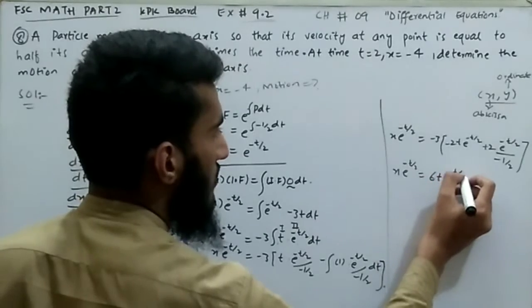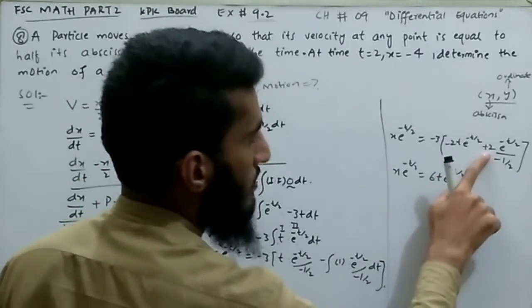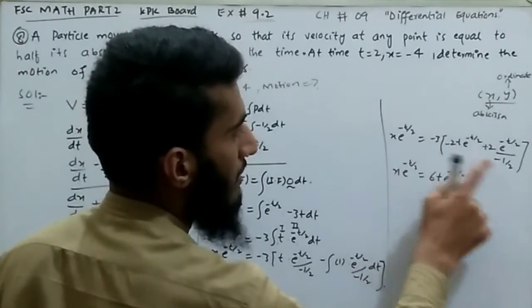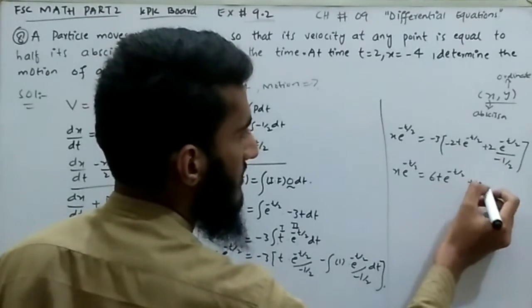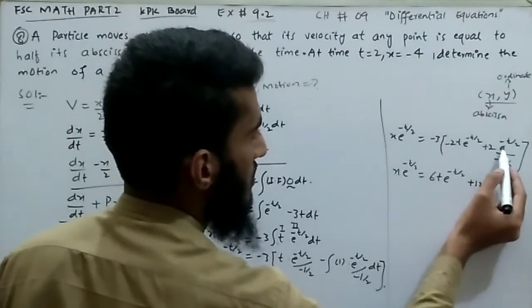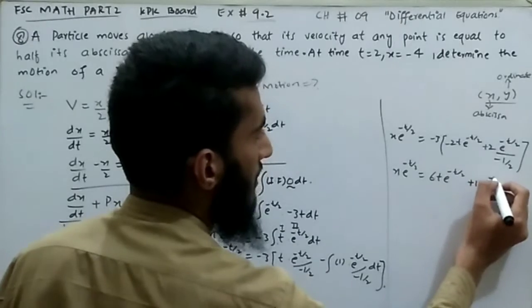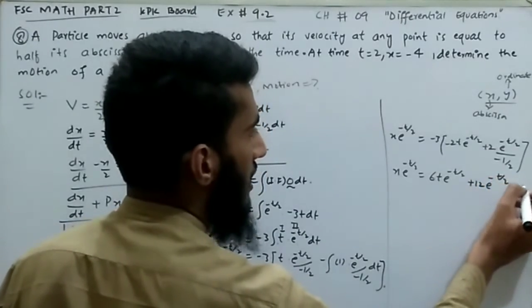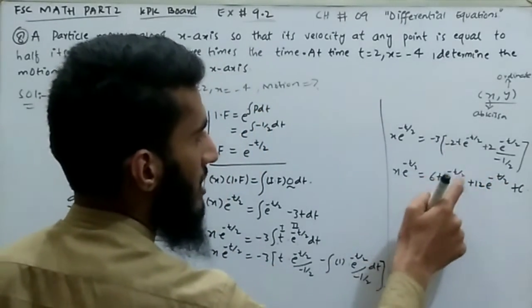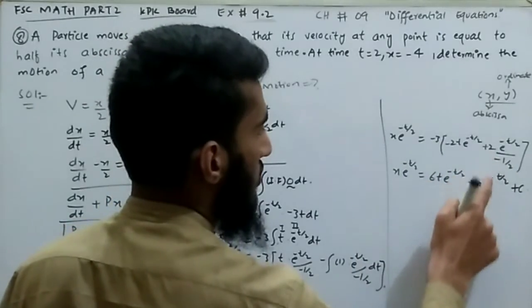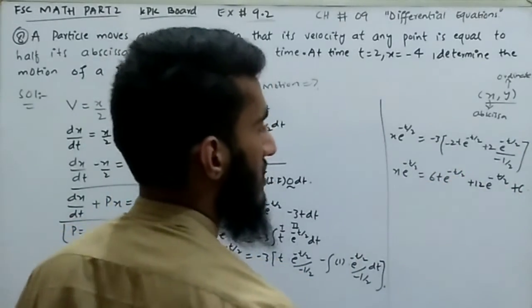So it becomes x e power minus t by 2, which is equal to minus minus gives us 6t e power minus t by 2. Over here 2 into 2 gives us 4, 4 into 3 gives us 12, minus minus plus. So plus 12 e power minus t by 2 and plus constant of integration. So 6t e power minus t by 2, 3 into 2 is 6, 6 into 2 is 12, e power minus t by 2 and plus constant of integration.